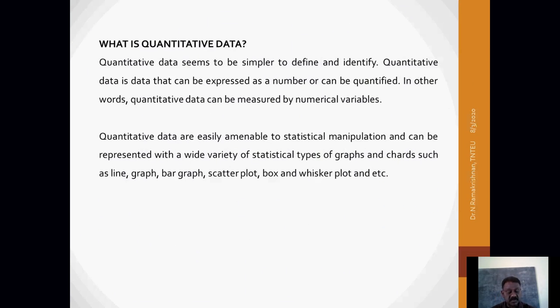Now let us see what is quantitative data. Earlier I discussed quantitative data and qualitative data. Quantum means numbers. Qualities which will be converted into numbers and used for calculation is known as quantitative data.